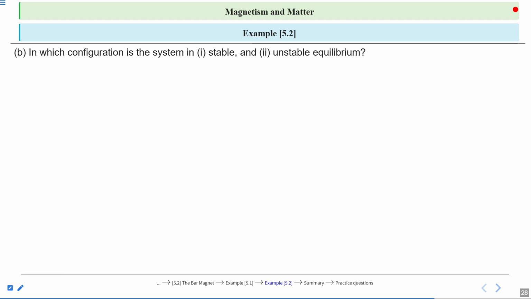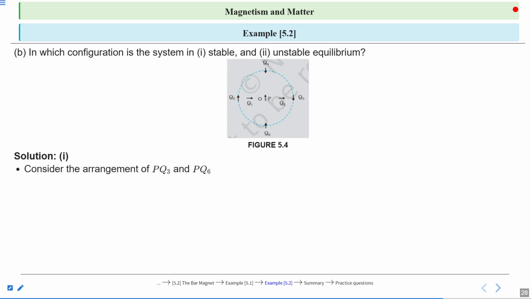So in which configuration is the system stable and which is unstable? We'll do the first part first. Consider the arrangement PQ3 and PQ6.